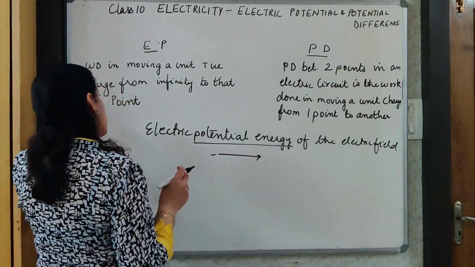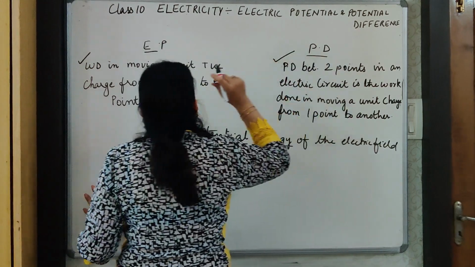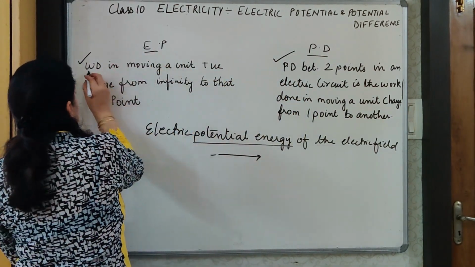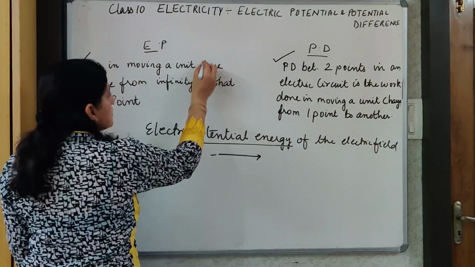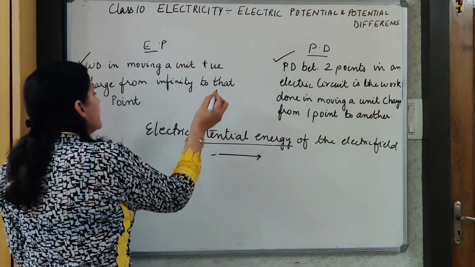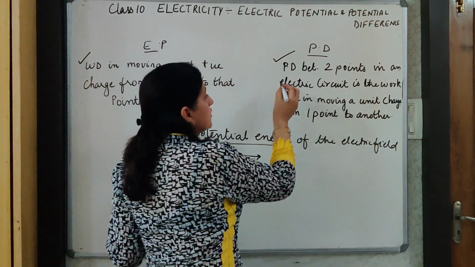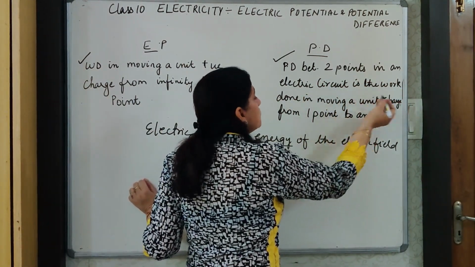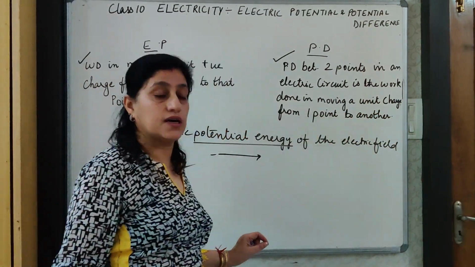So to sum up, this is what you have to memorize for the difference of electric potential and potential difference. Electric potential is the work done in moving a unit positive charge from infinity to that point. Okay. And potential difference between 2 points in an electric circuit is the work done in moving a unit charge from one point to another.